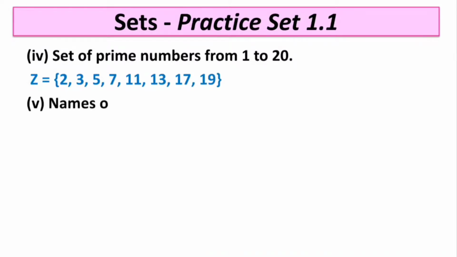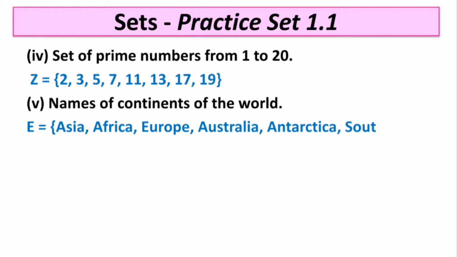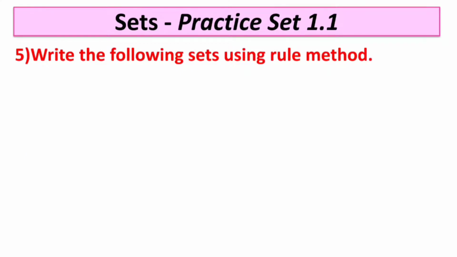The fifth one is names of continents of the world. Here E equals {Asia, Africa, Europe, Australia, Antarctica, South America, North America}. These are the continents.